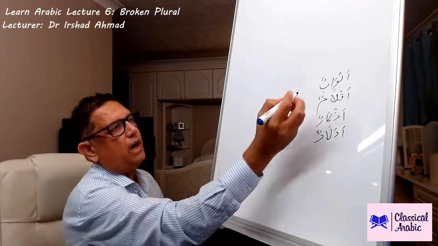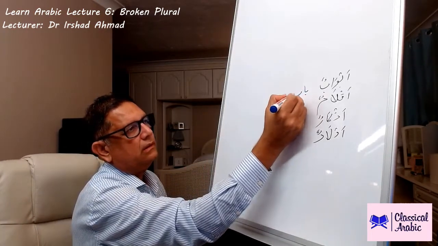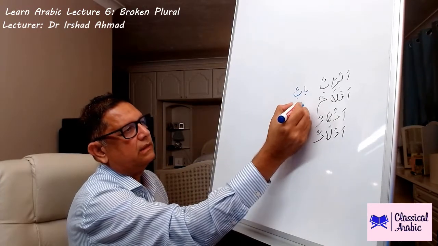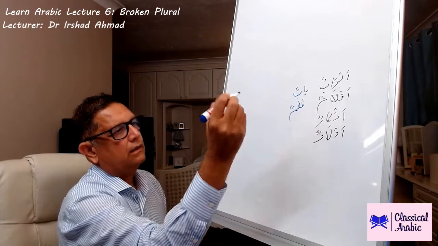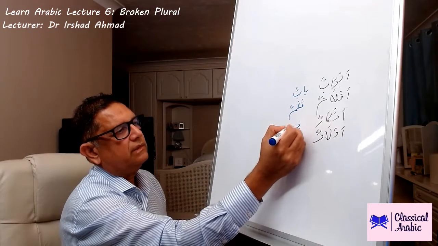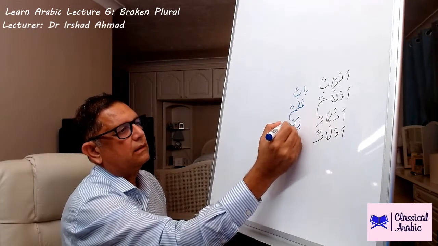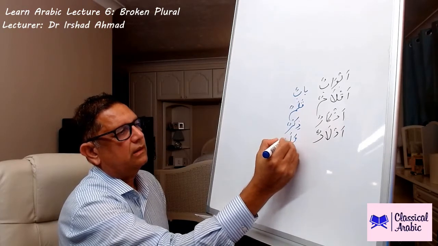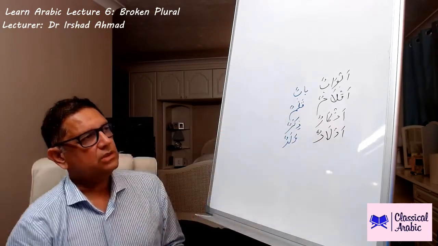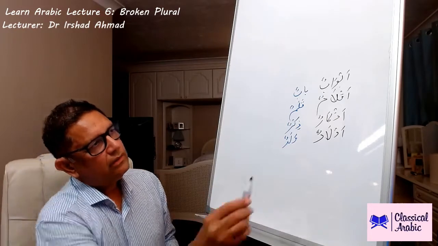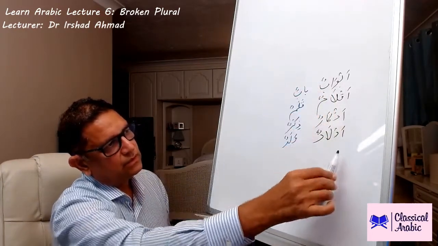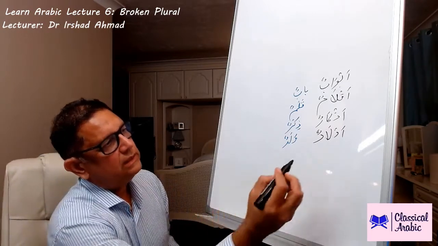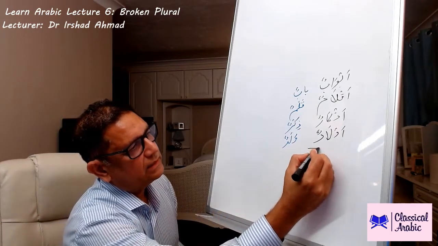Singulars will be babun, door; kalamun, we are familiar with that; zikran, we are familiar with that; and waladun, boy. So these are singular. Now if we look at these nouns, we can see that there are some commonalities among them.